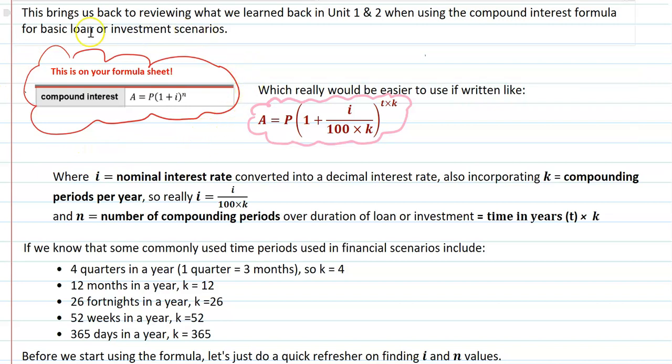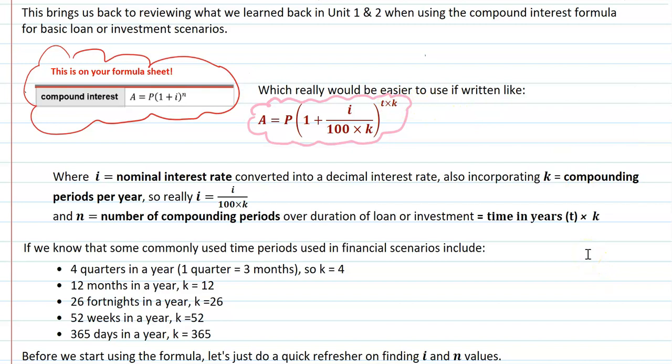So again, you're lucky enough to have this formula on your formula sheet. However, I like to modify it a little bit so it's easier to use if I'm showing myself with my decimal interest value. I need to convert it into decimal form and also incorporate the K, or compounding periods per year. Additionally, for the N, I like to show that we convert that using the time in years and the number of compounding periods.